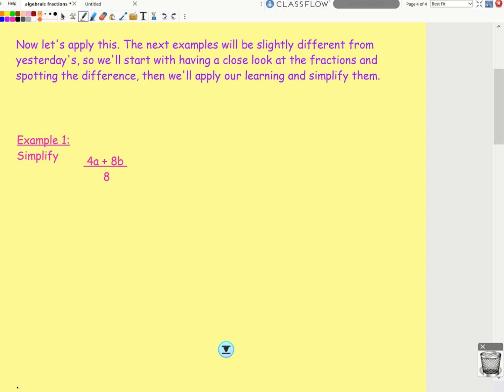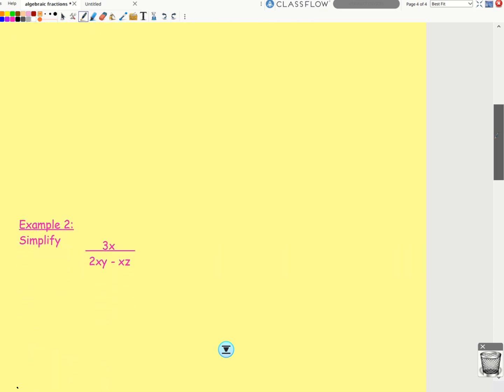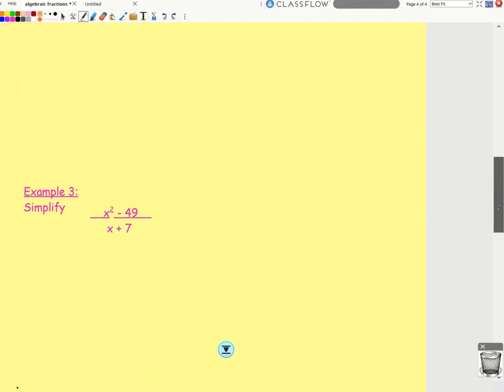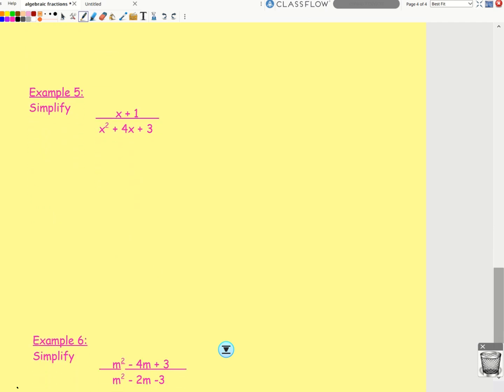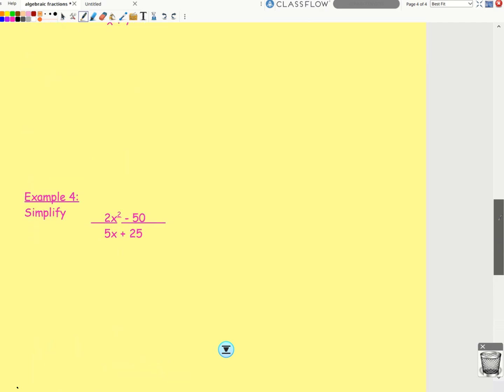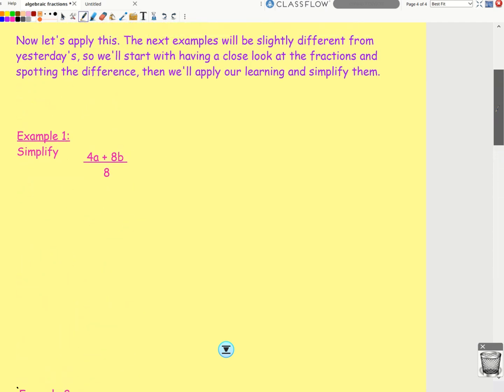Yesterday we were just cancelling things off left, right and centre because everything in the top line was all multiplied together and everything in the bottom line was all multiplied together. But here we've got an addition sign, and if I quickly scroll through you can see there's a subtraction sign there, an add and a subtract there, and so on. So the fractions are looking a little bit more complicated every single time.